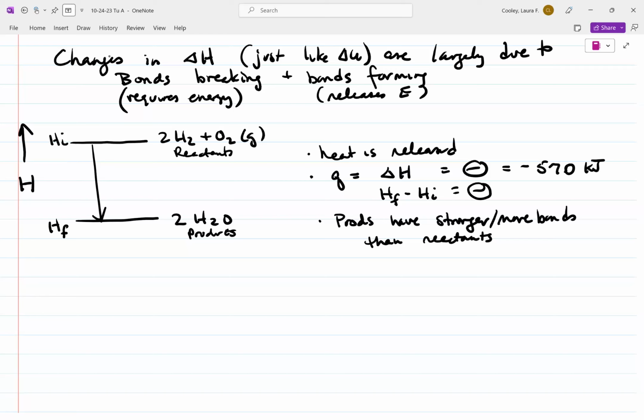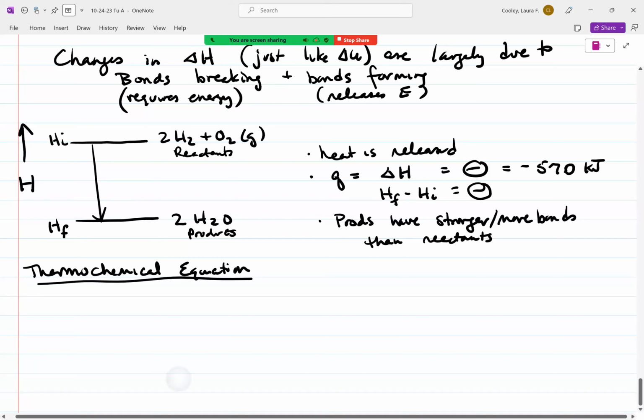So that allows us to write something called a thermochemical equation, which is just like our chemical reaction, except in addition to writing what the reactants are and what the products are and what the phases are, we put a little semicolon and we put what the delta H is for that reaction, which is how much heat is absorbed or released.